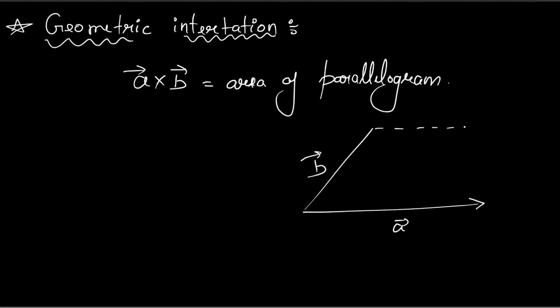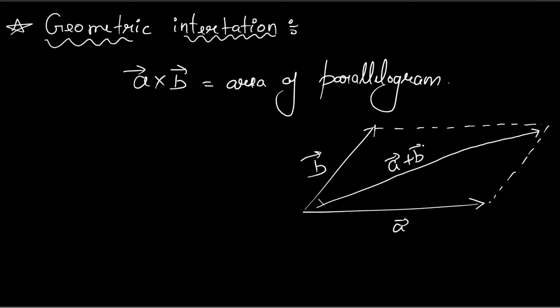Then A cross B gives the area of this parallelogram, and this is the resultant of the two vectors. This whole area of the parallelogram is given by the A cross B vector. Just remember it. So simple.